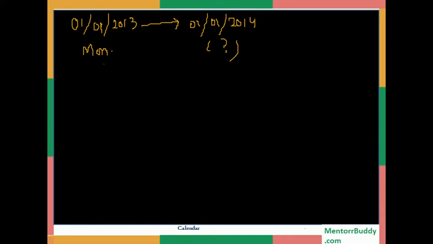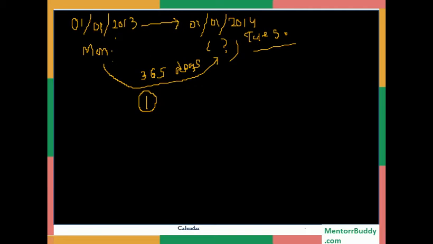So from this date to this date there's a gap of 365 days, which make 52 perfect weeks and one extra day. This implies the calendar will be shifted one day ahead. So if it is Monday at this date, it will be Tuesday on 1st of January 2014, exactly after 1 year.